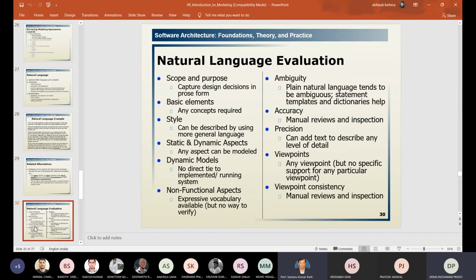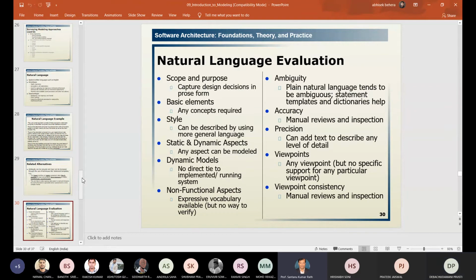Then, the overall aspect of the natural language evaluation. First, how many points are there? 11. All these 11, keep them on the tip of your tongue. By these 11 parameters, you will evaluate how good your modeling technique is, and in what way it helps you or not.